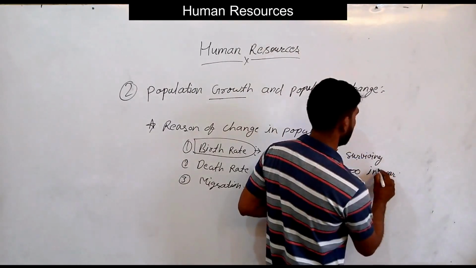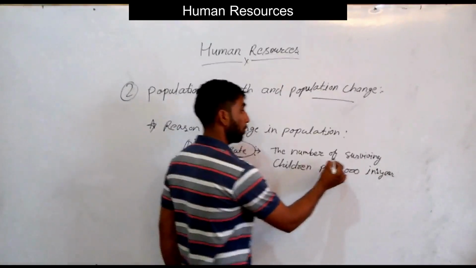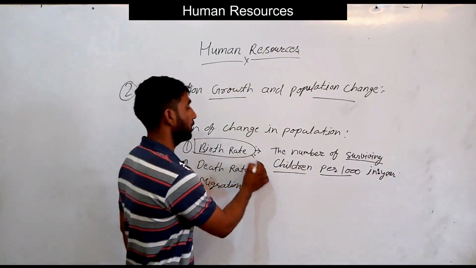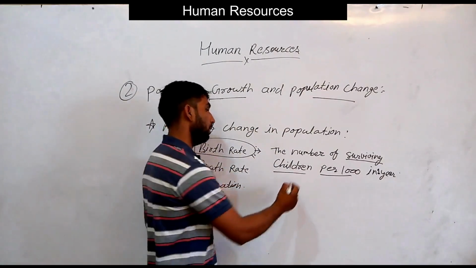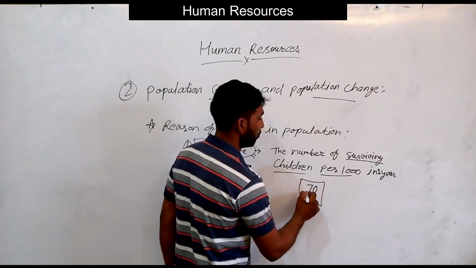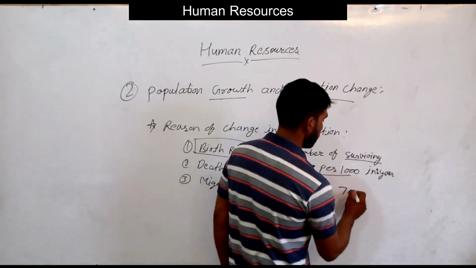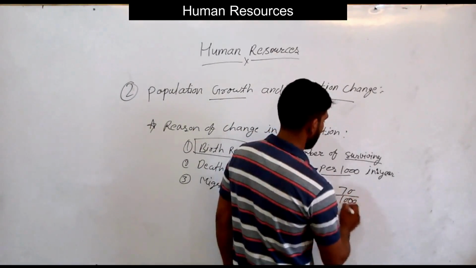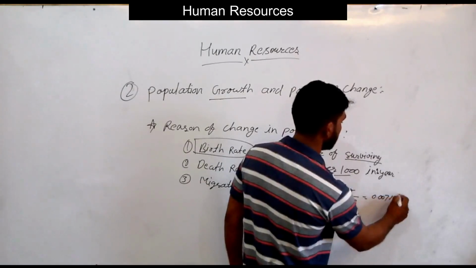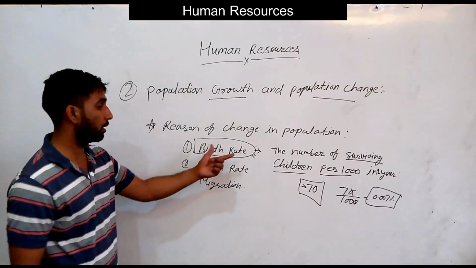So in a particular place, the number of surviving children per thousand in 1 year is the birth rate. For example, in a particular place 70 children are surviving in 1 year. So it means 70 upon 1000, per thousand. It will be 0.007% birth rate at that particular place. So this is calculated easily.